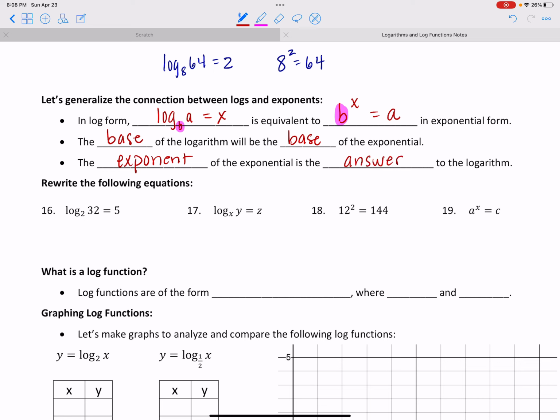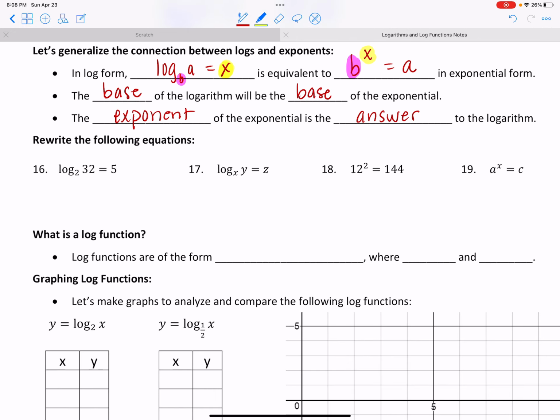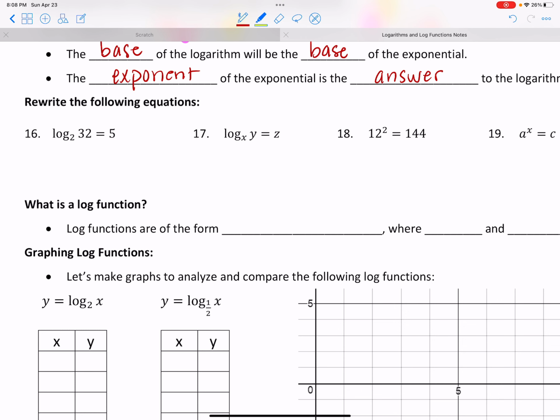So remember, a log is a power. So this power here is the answer here. So the exponent in the exponential is the answer to the log, and then the other piece only has one spot to go. So the argument of the log ends up being the answer in the exponential. Okay? So let's practice just rewriting, not doing any evaluating.